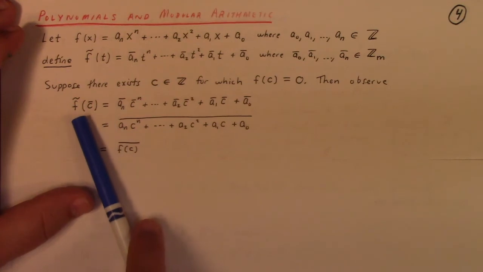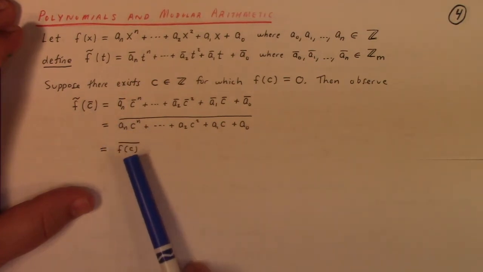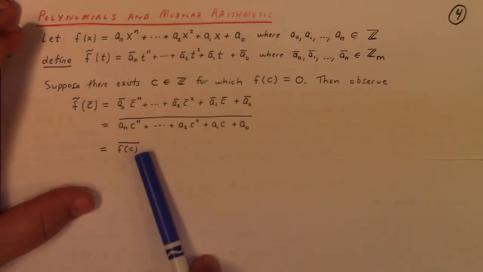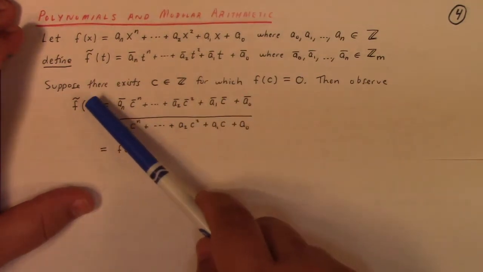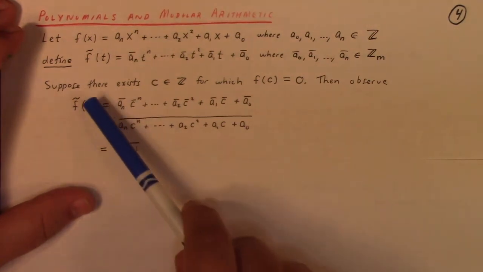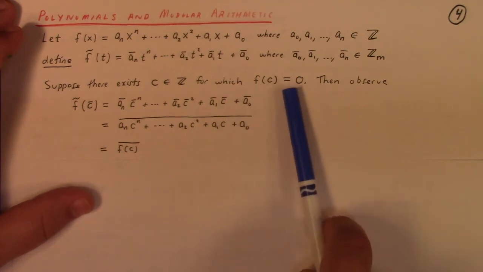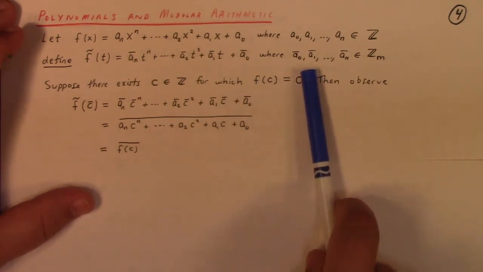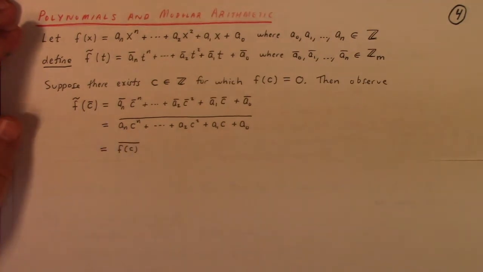So the reduced polynomial evaluated at the root's equivalence class will be equal to the polynomial evaluated at the root. Actually, this calculation is true whether c is a root or not. But when f of c is equal to 0, we see that f tilde of c bar must also be equal to 0 bar, right?